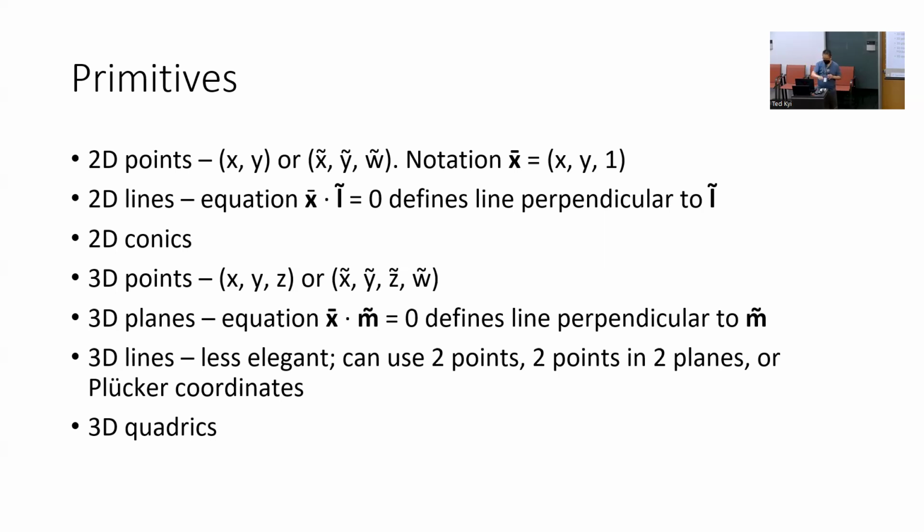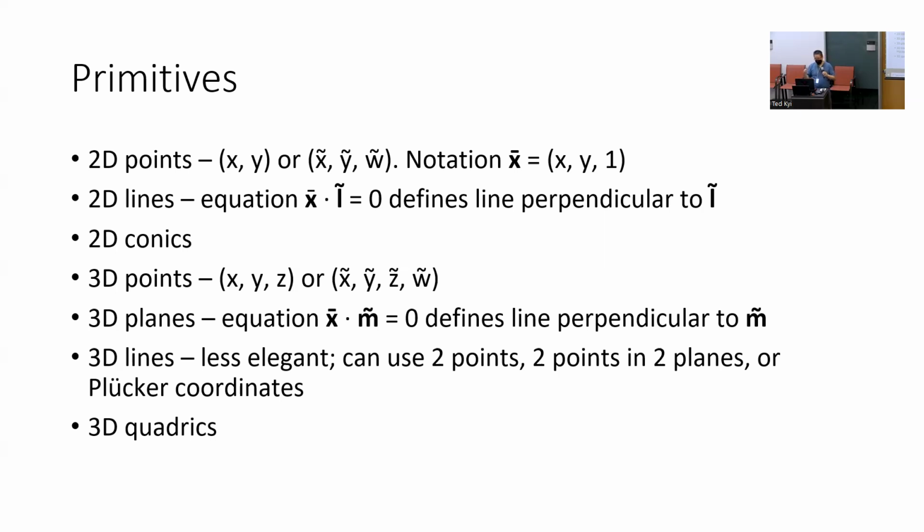The equation x dot m squiggle equals 0 defines all the points in that plane, perpendicular to m, a particular distance from the origin. You can represent lines in 3D, but they say it's less elegant. There's no super great way. You can use 2 points to define a line in 3D.